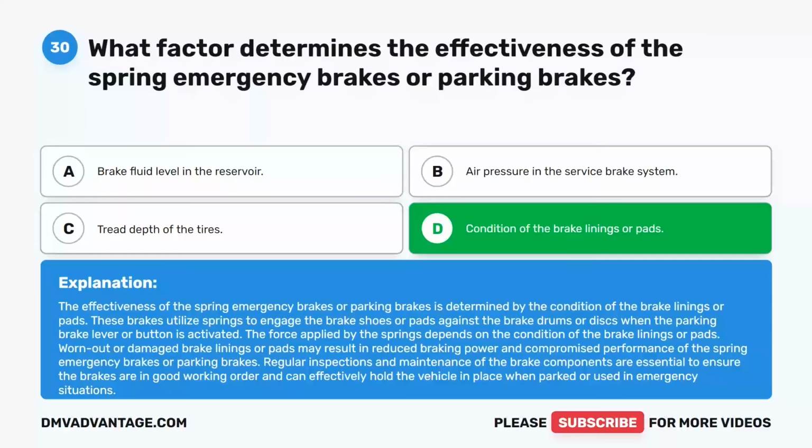Worn out or damaged brake linings or pads may result in reduced braking power and compromised performance of the spring emergency brakes or parking brakes. Regular inspections and maintenance of the brake components are essential to ensure the brakes are in good working order and can effectively hold the vehicle in place when parked or used in emergency situations.